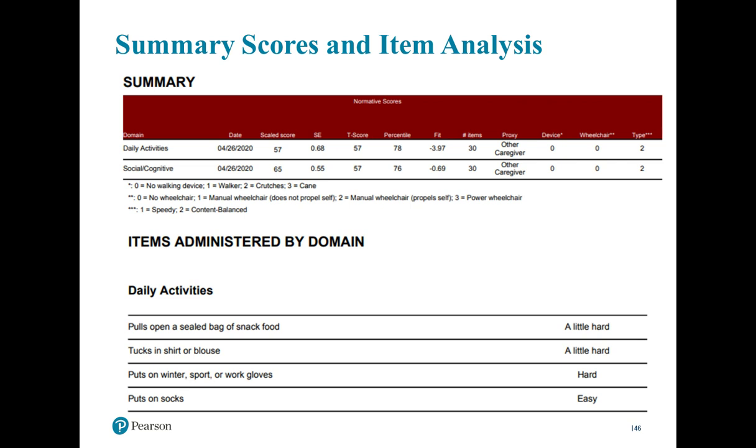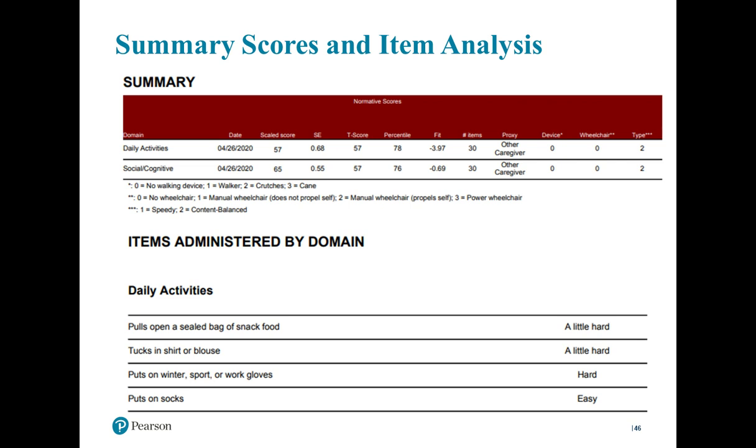So you can see on this, I know it's small, but you can see that the daily activity scale is not a good fit, meaning it's not representative of the type of responses that were found in the normative sample. So any interpretation of the scale scores from this result should be done with caution.